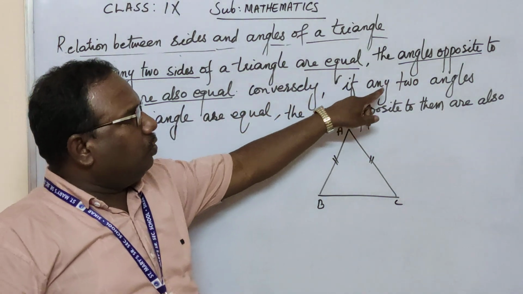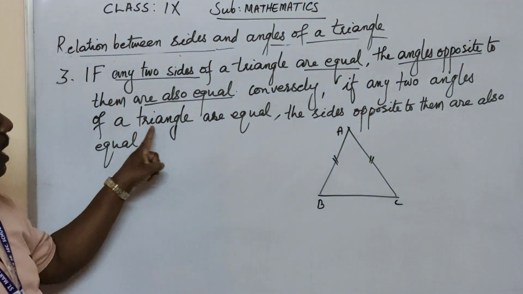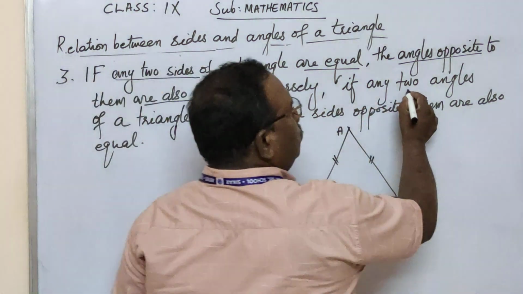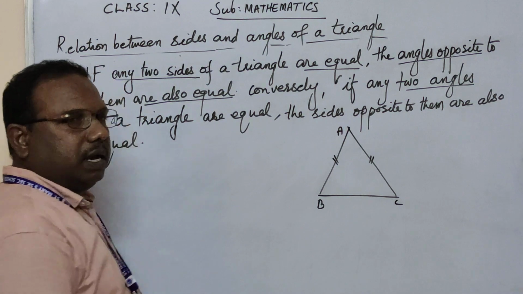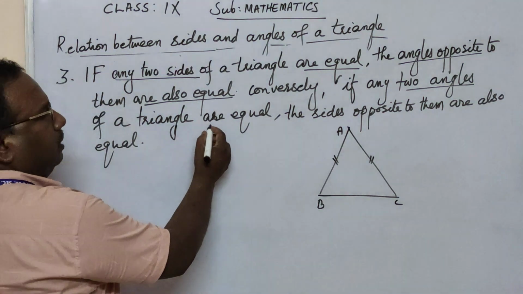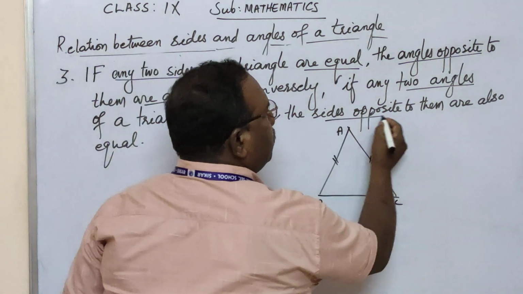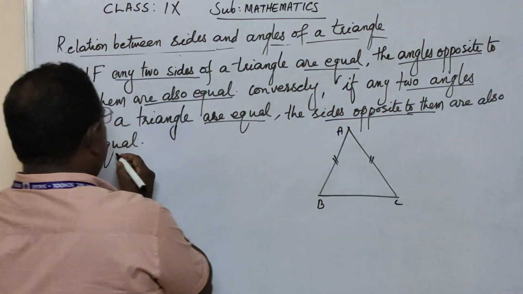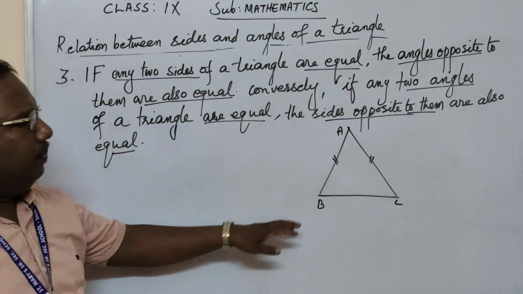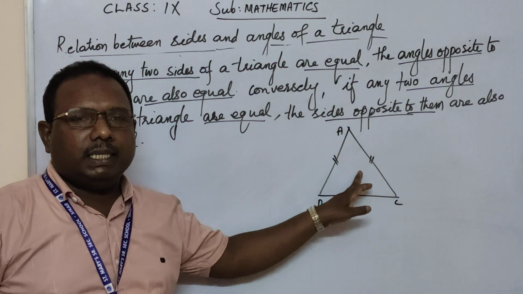Conversely, if any two angles of a triangle are equal, then sides opposite to them are also equal. Now, we have been given one triangle ABC.